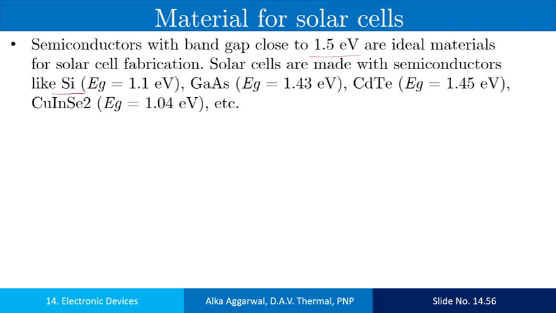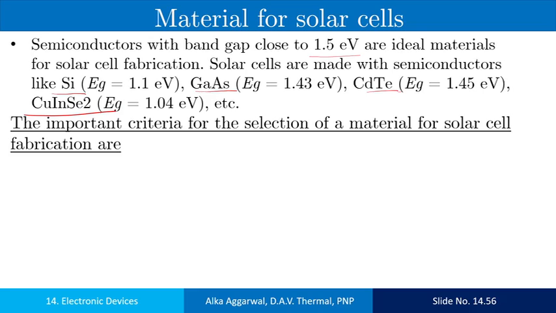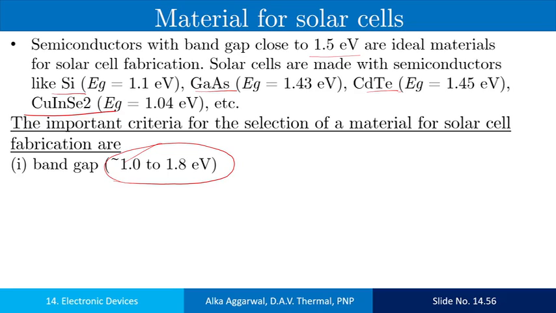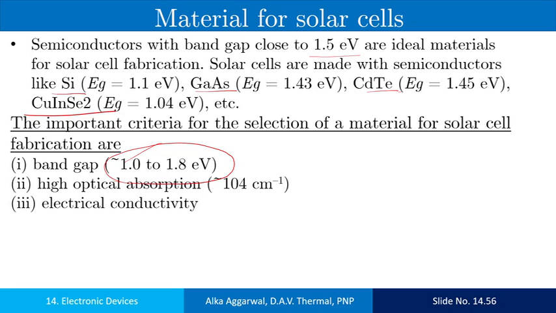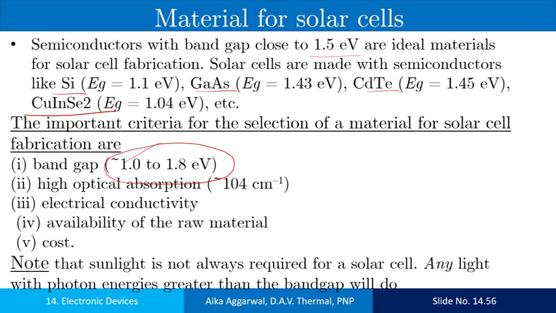So we can use silicon, gallium arsenide, cadmium telluride, etc. The important criteria for the selection of the material and for the fabrication of the solar cell are: the band gap should be between 1 to 1.8 electron volt, high optical absorption, good electrical conductivity, availability, and low cost.